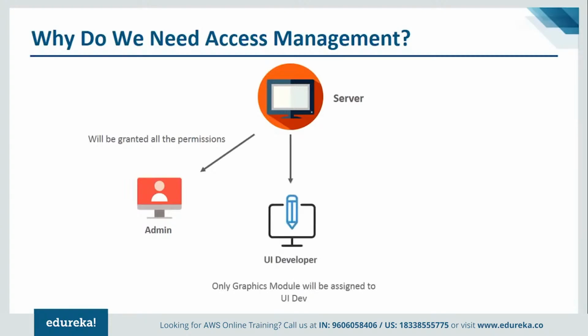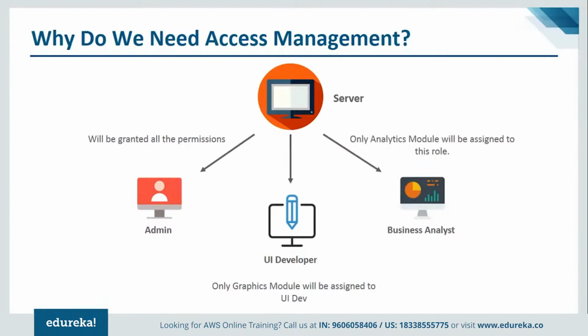a UI developer. Right. Similarly, if after that a business analyst comes in, he should only be able to access the analytics module which is there in your server, right? He should not be able to get into the UI development part, or see the other aspects of what is there in your server, right?